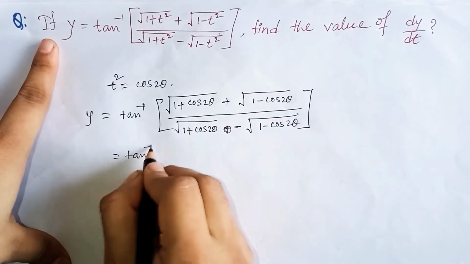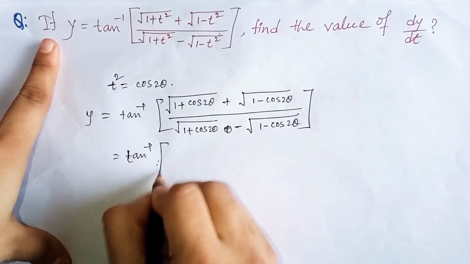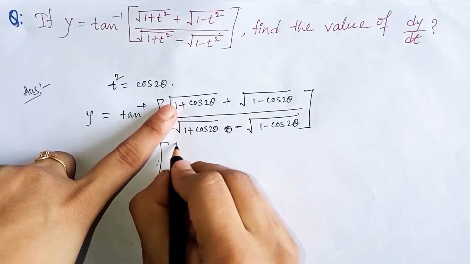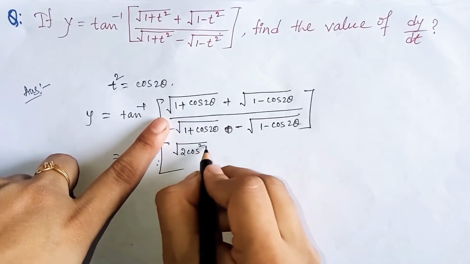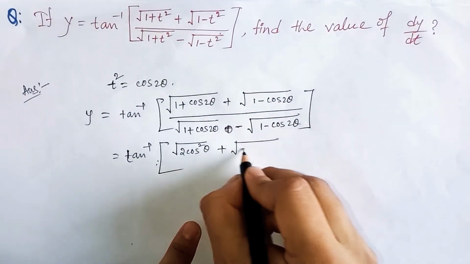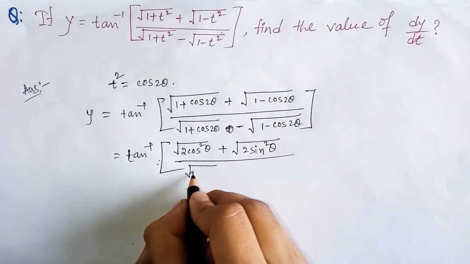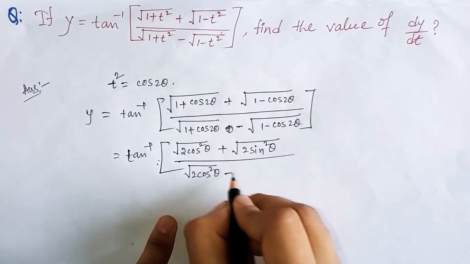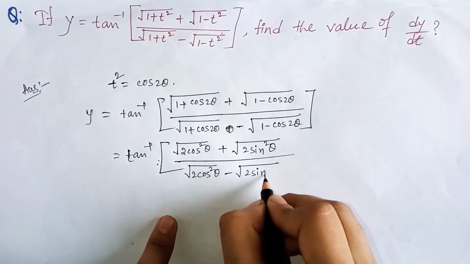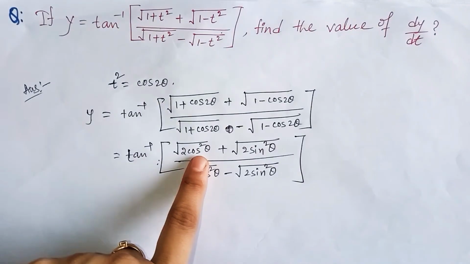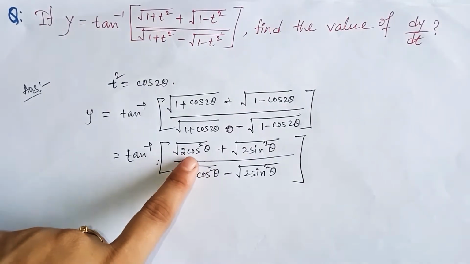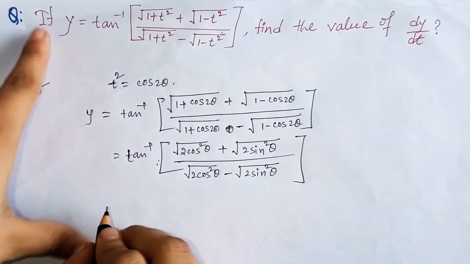So in the tan inverse, 1 plus cos 2 theta means square root of 2 cos square theta, right? And it is 2 sin square theta. Similar in the denominator, minus square root of 2 sin square theta. So it's easy to get a linear power because of the square and the square root.